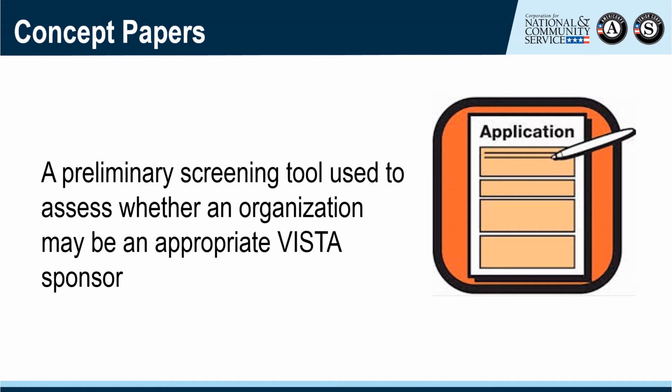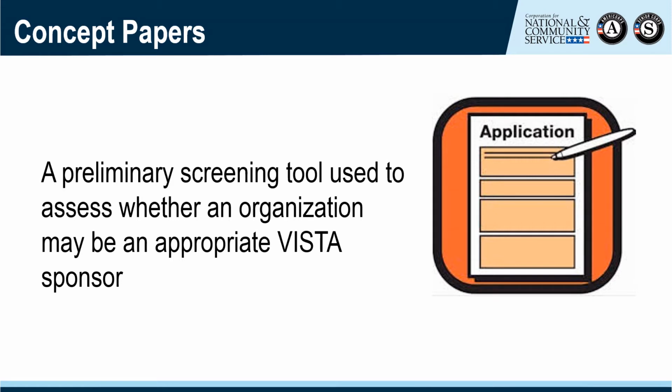Using the concept paper as a screening tool prevents organizations with unsuitable project proposals from having to complete the full application. Once an organization decides to apply for VISTA resources, the applicant submits a concept paper in eGrants.